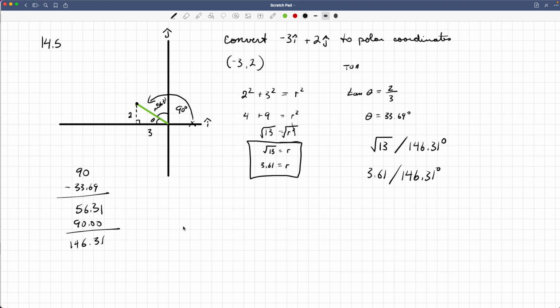We typically only write this as a positive. The only time we write this as a negative is when we flip it and we go the opposite direction. Remember that? If it gives us a negative here, then we figure out where that would be and then we flip it.